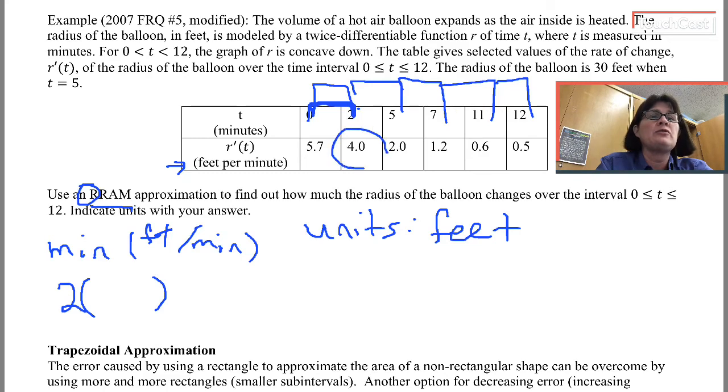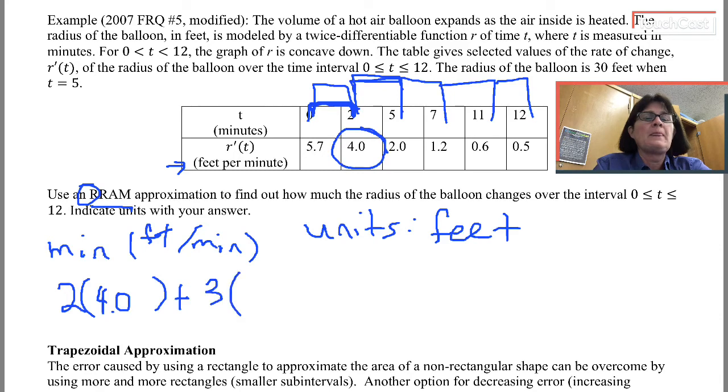I'm going to use the 2's output value. So 4.0 plus. My second rectangle covers from 2 to 5. So how wide is it? It's 3 minutes wide. The height I'm going to use is the output value at the right-hand side of the interval. So in this case, the right-hand side of the interval 2 to 5 is 5. The output at 5 is 2.0.